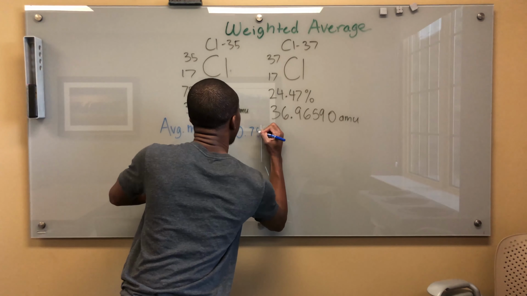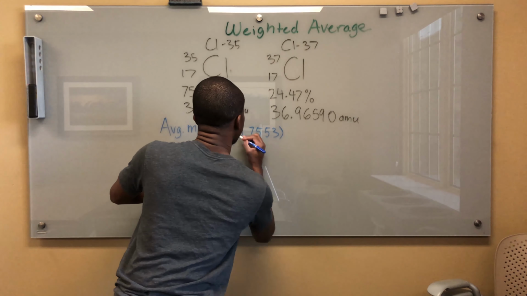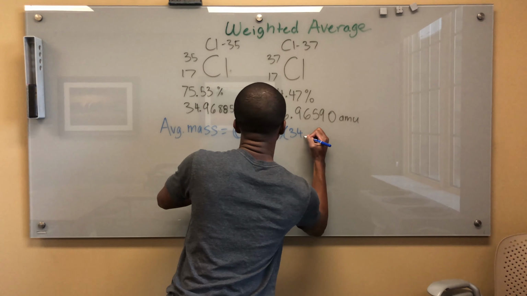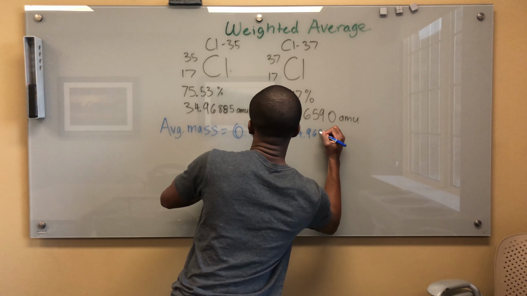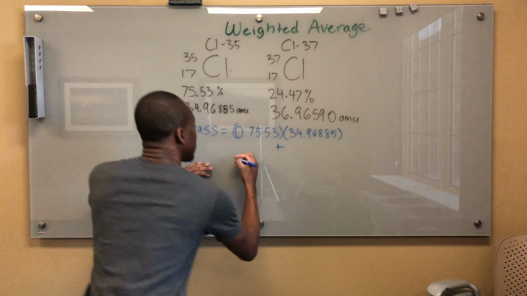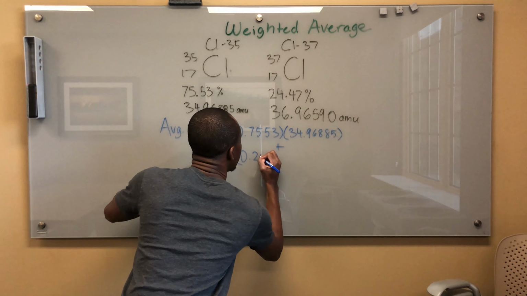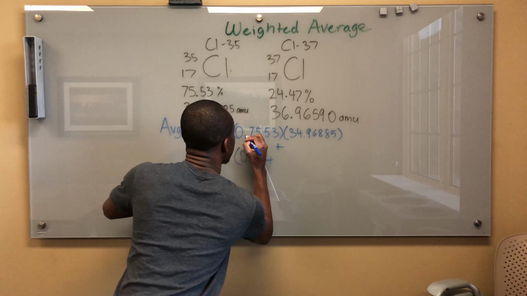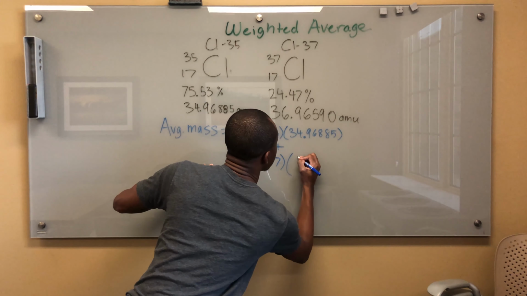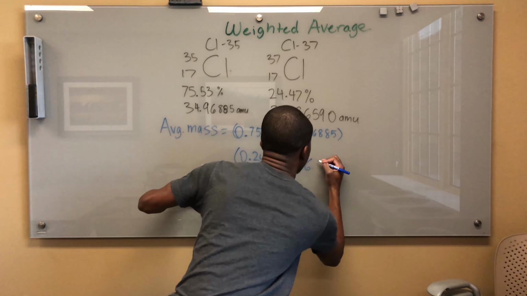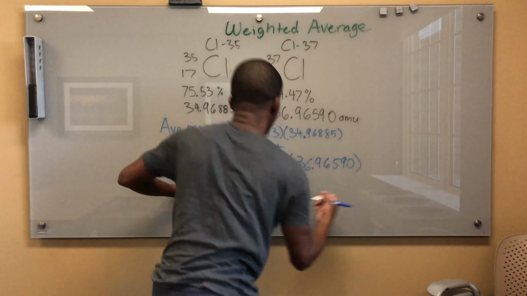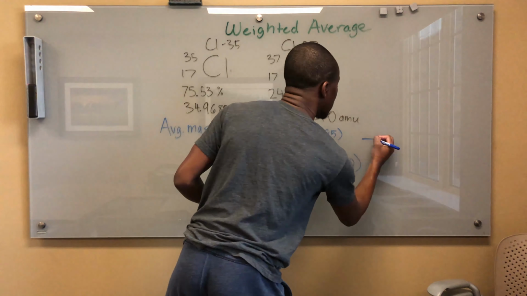So 0.7553 times the mass, and we're going to add that to the same thing here, 0.2447 times 36.96590. I'll make these a little bit more visible for y'all.